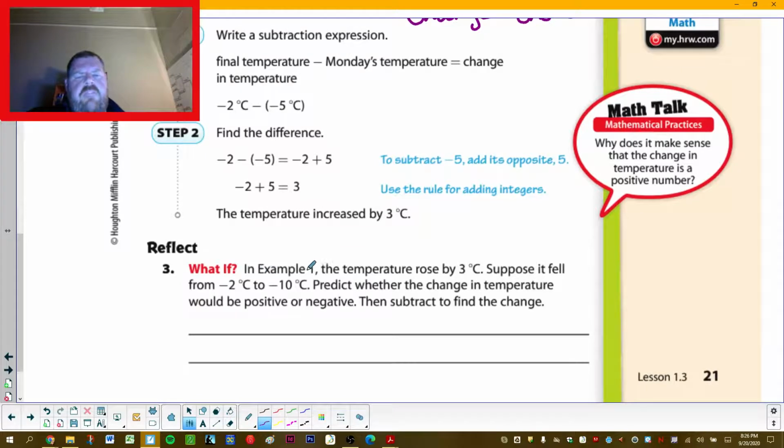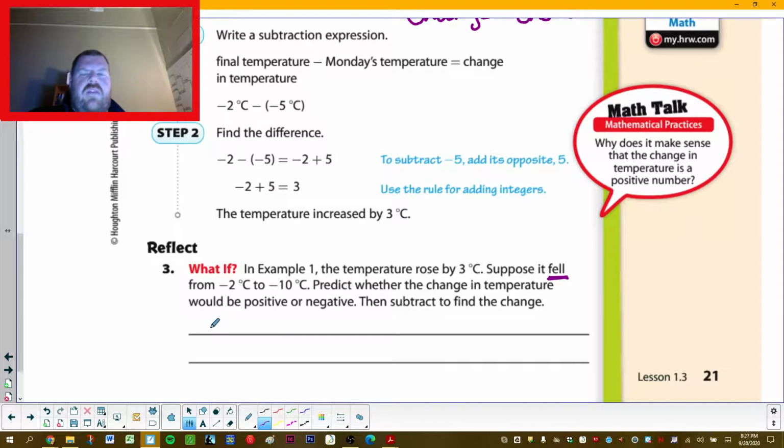In example 1, the temperature rose by 3 degrees Celsius. Suppose it fell from negative 2 to negative 10. Is that change going to be positive or negative? There's a really key word here that kind of gives it away. Right here. The temperature fell. The temperature went down. If the temperature is going down, that's a negative change.